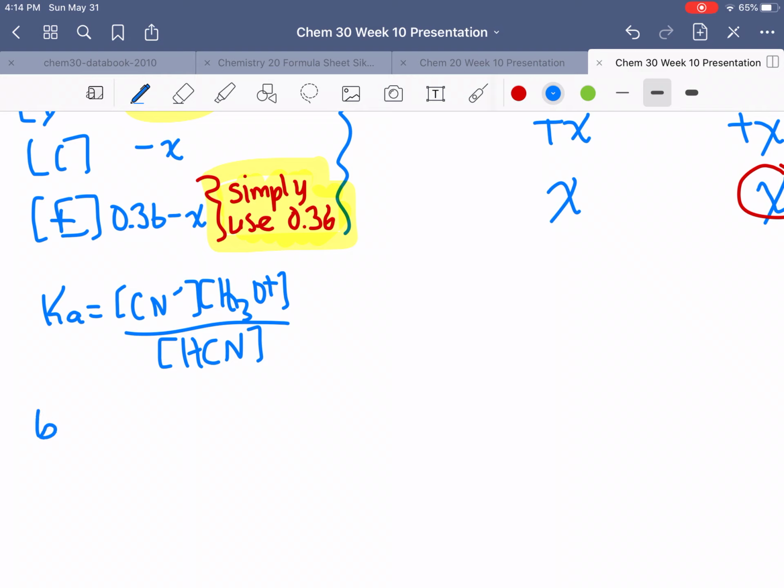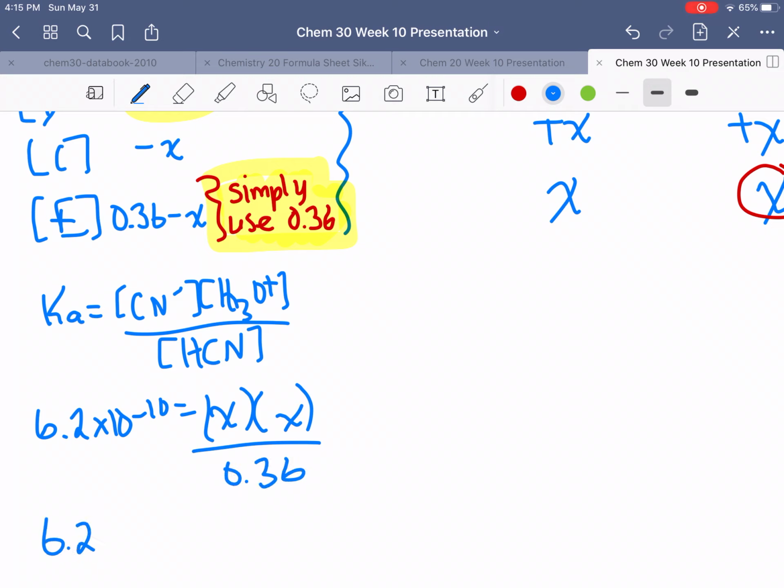Your call how you want to do it, guys. 6.2, I got this from the data booklet, right? Times 10 to the negative 10 for Ka equals the concentration at equilibrium of the cyanide, the CN, is X. Concentration of the hydronium at equilibrium is X. I can divide by 0.36. Ultimately, that means we have 6.2 times 10 to the negative 10 equals X squared over 0.36.